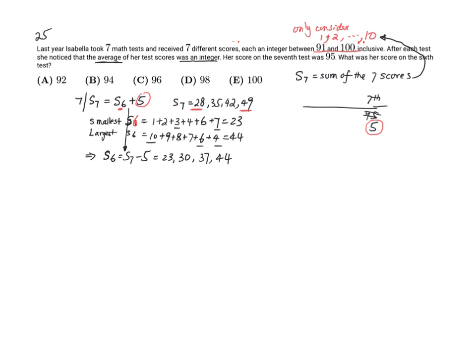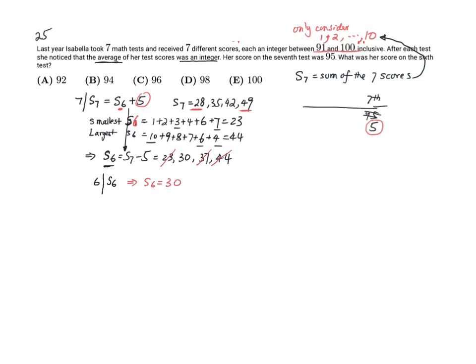Why do I know that? Just simply minus 5. Those are the possibilities. And again, S6, the average, is supposed to be an integer, therefore 6 must divide S6. Because of that, you quickly rule out those 3, because those 3 numbers are not divisible by 6. So therefore, S6 has to be 30.